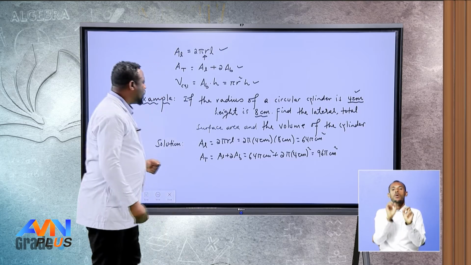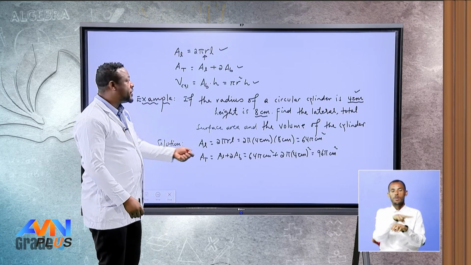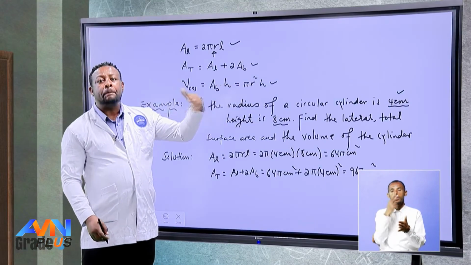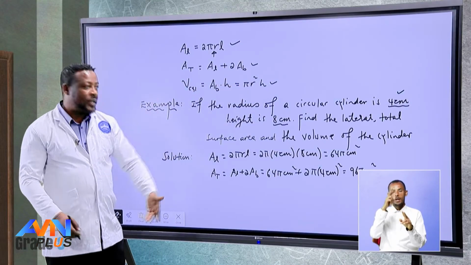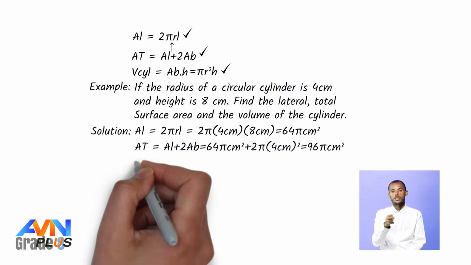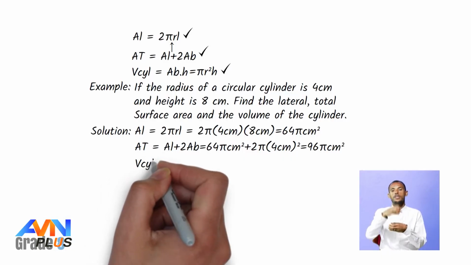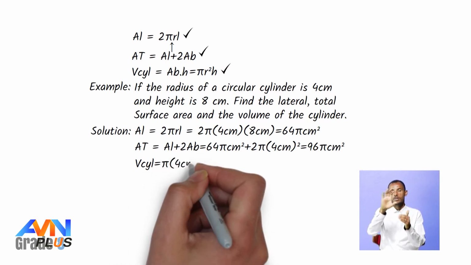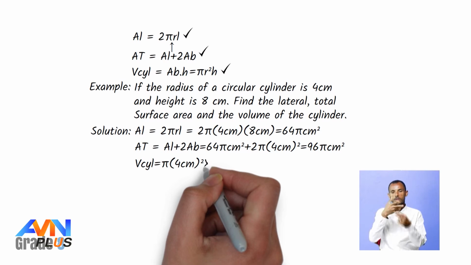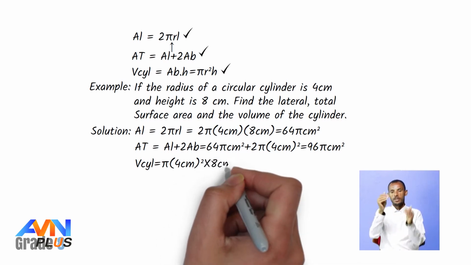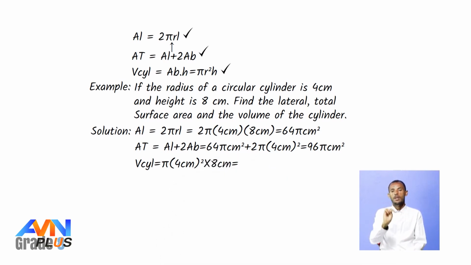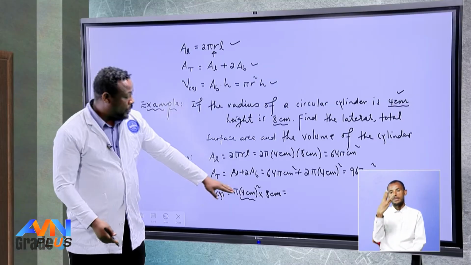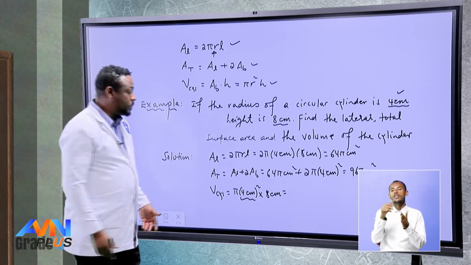To find the volume of the cylinder, we need to properly apply the formula pi r squared times h. So the volume of the cylinder becomes pi times 4 centimeter squared times the height, which is 8 centimeter. The square of 4 is 16, and its unit becomes centimeter square.